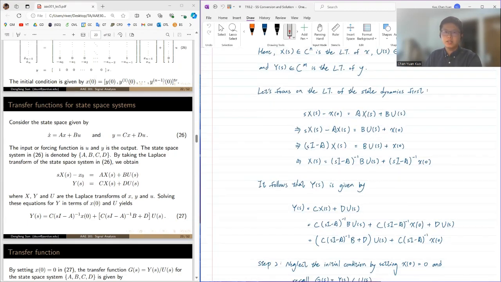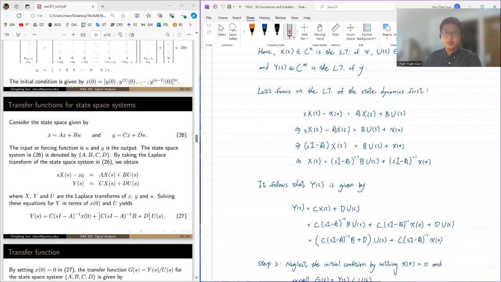Now, if we look closer at the Laplace transform of the state dynamics equation, we can derive that s times x of s minus A times x of s is equal to B times u of s plus x of 0. Or equivalently, sI minus A times x of s is equal to B times u of s plus x of 0. Then if we multiply the inverse of sI minus A on both sides, we will get x of s equals the inverse of sI minus A times B times u of s plus the inverse of sI minus A times x of 0.